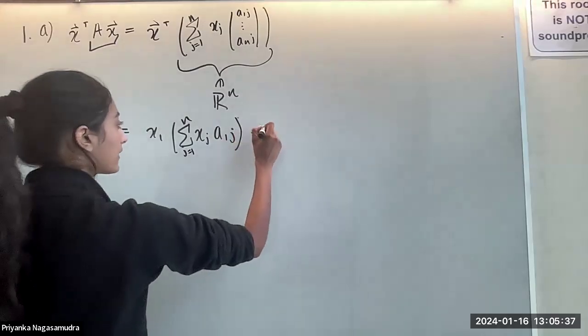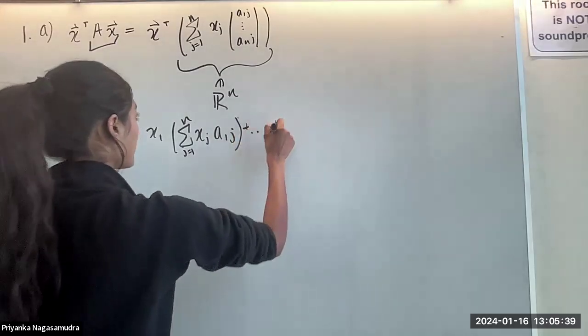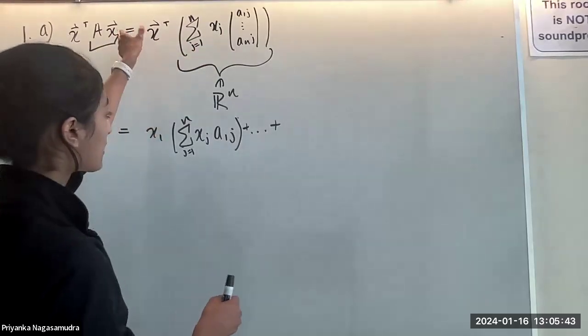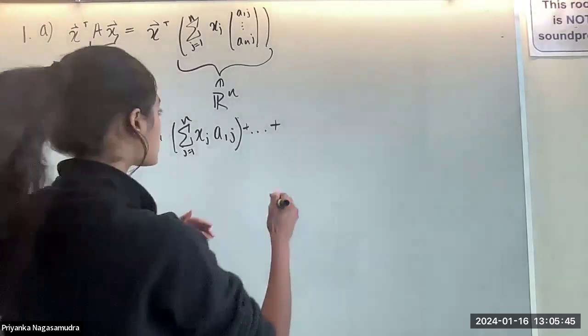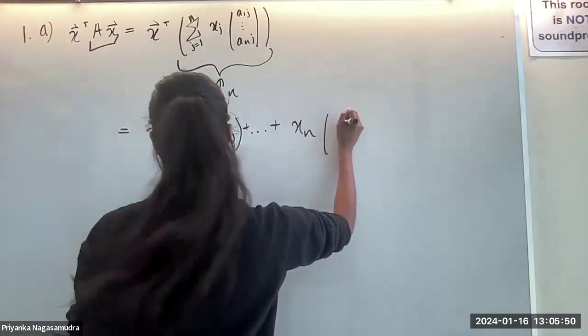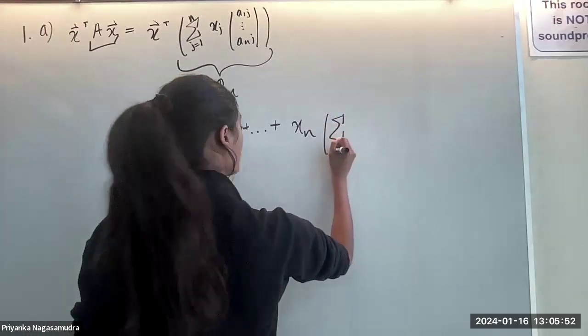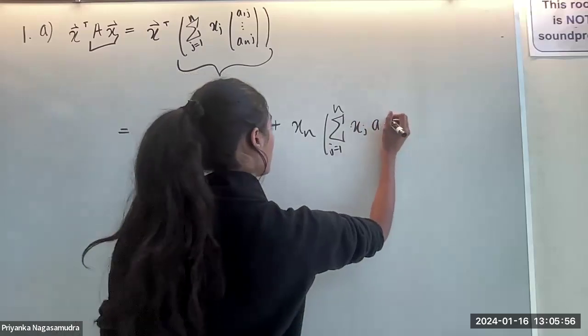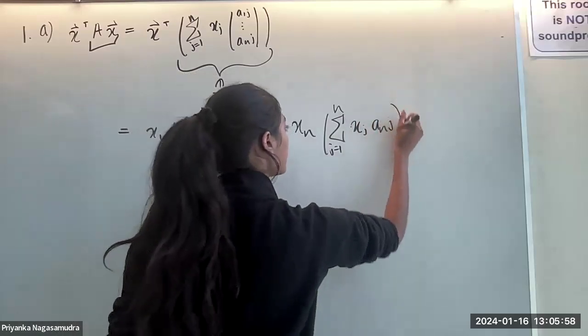And this will keep going until we multiply each one of them, and then remember for the dot product, we sum them all together. So now we do times xn, the summation over j equals 1 to n of xj anj.